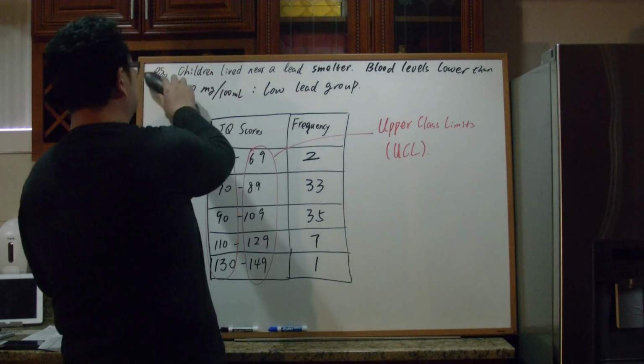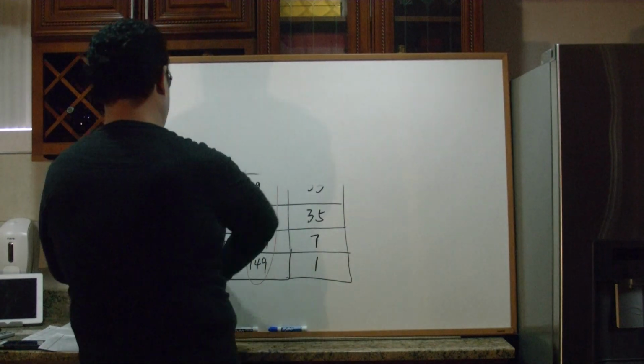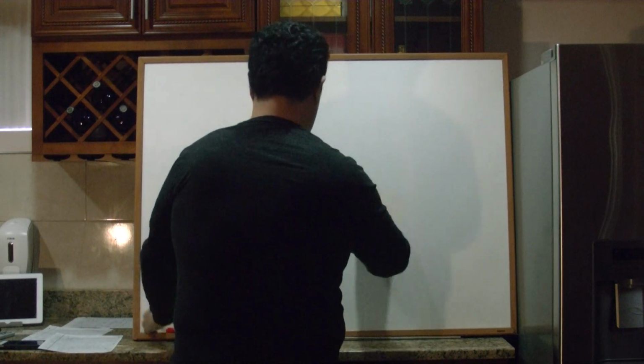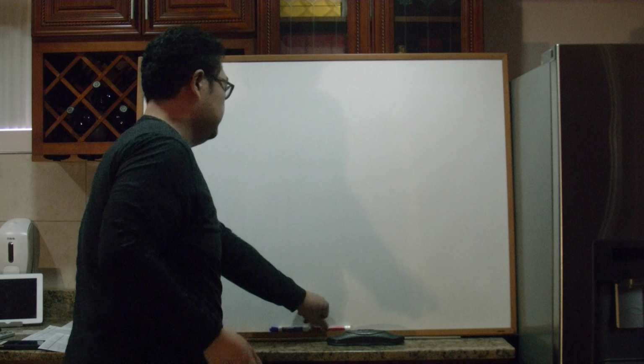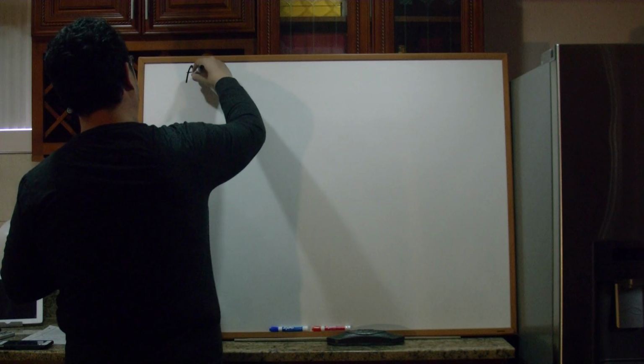Right, so other things, I have to erase this. What we have seen was the table already. We can draw the table down. And another thing we have is frequency.